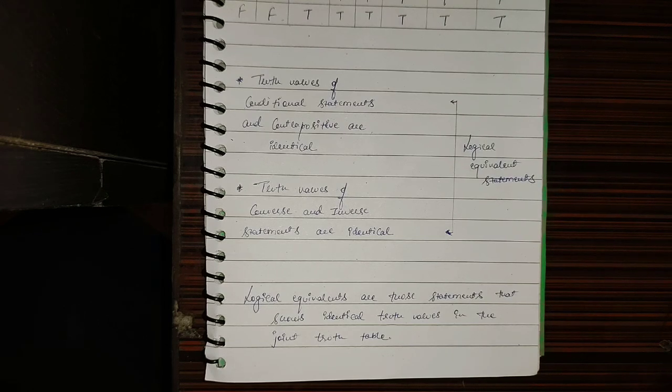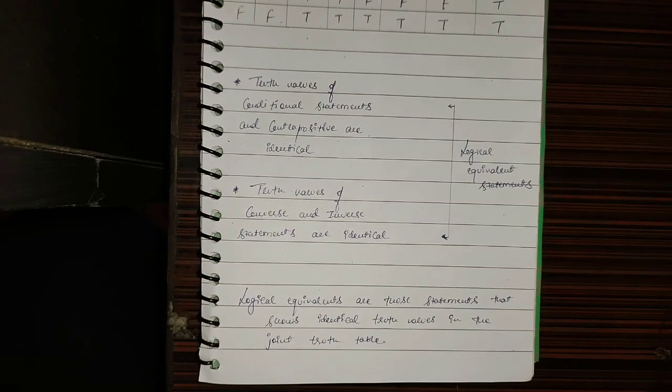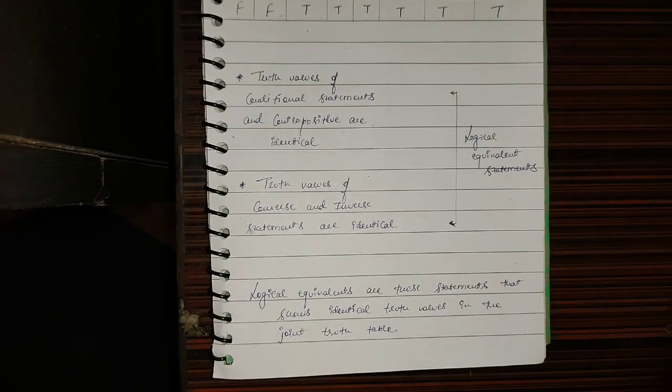So when two statements have the same truth values, we can say that they are logically equivalent. So this was all about truth tables, conditional statements, and a few more types of statements that we have seen.